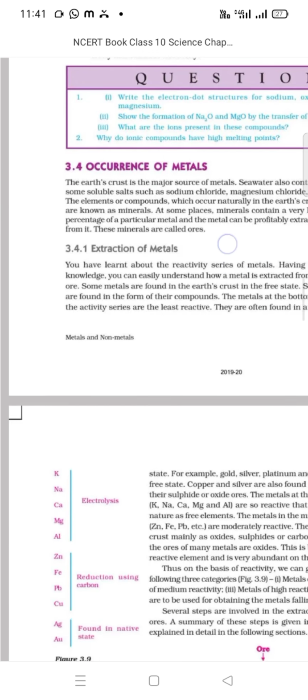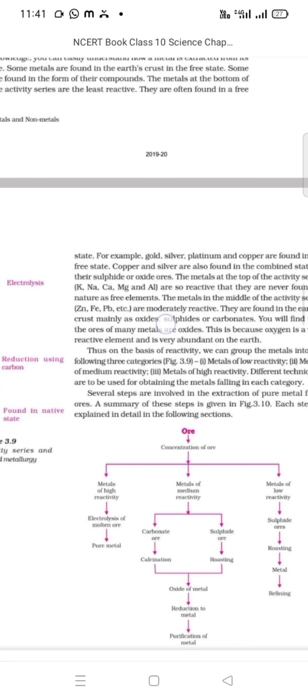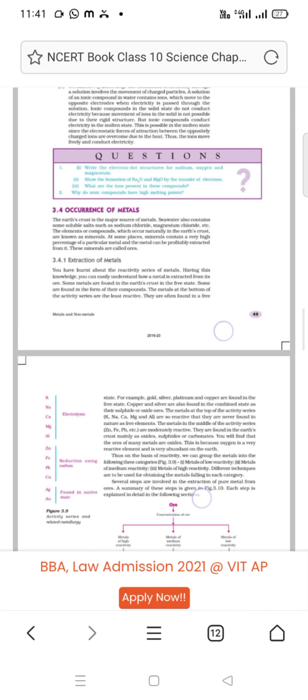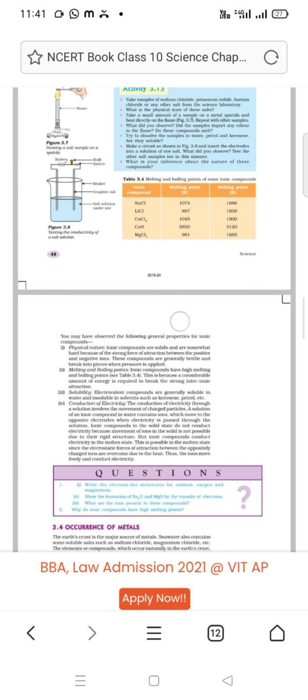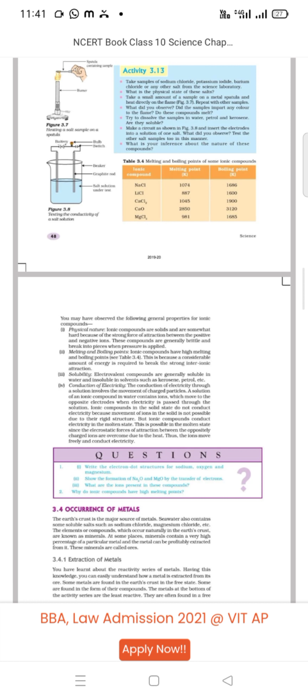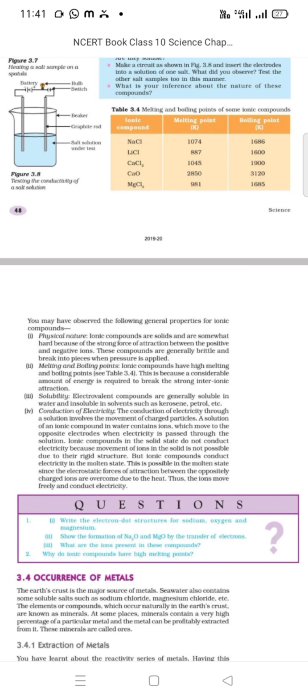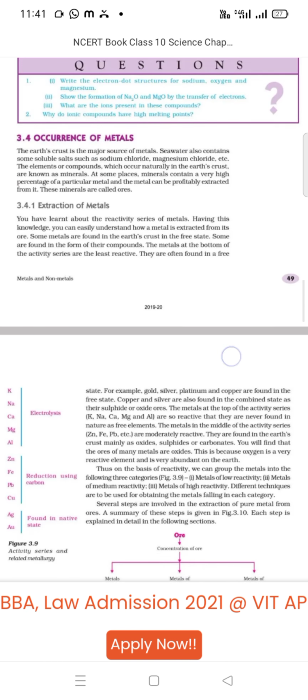Even though it was interesting, I don't know why they have cancelled it, but no problem. Whenever you have time, I'll give you some assignments or a simple activity on this, not now. You have to study only till this part: the ions move freely and conduct electricity.